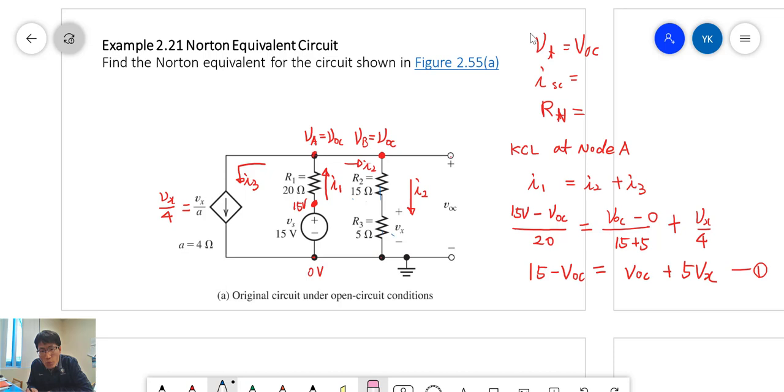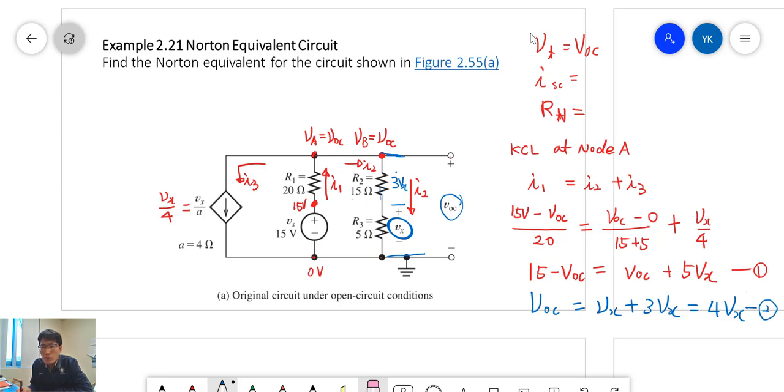So here is Vx, and from here to here it is 3 times bigger, so 3Vx because of the voltage division. One quarter of the voltage is across the 5 ohm resistor, and three quarters across the 15 ohm resistor. So from here to here, that is VOC, which means VOC is Vx plus 3Vx, which means 4Vx. Okay, so now we obtain the second equation.